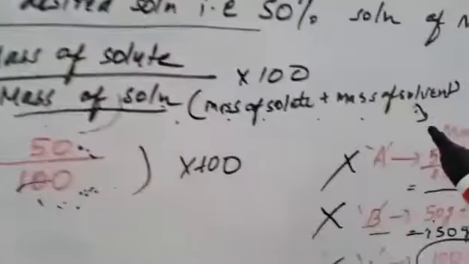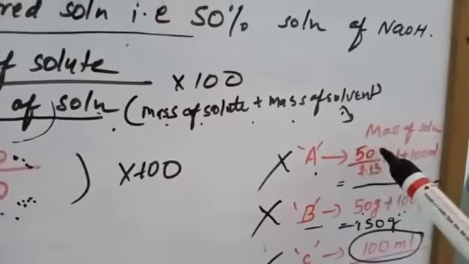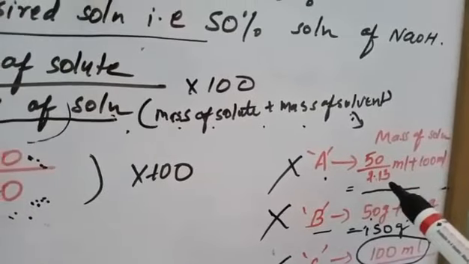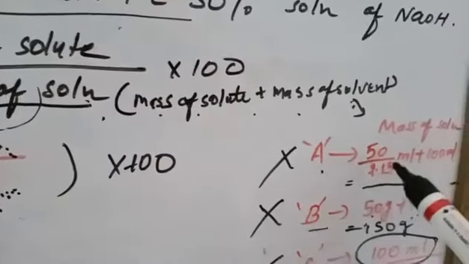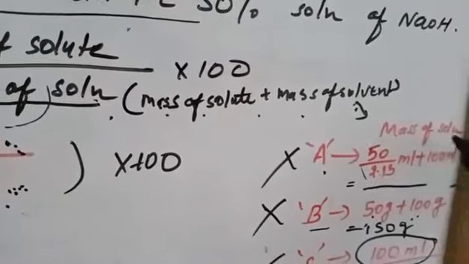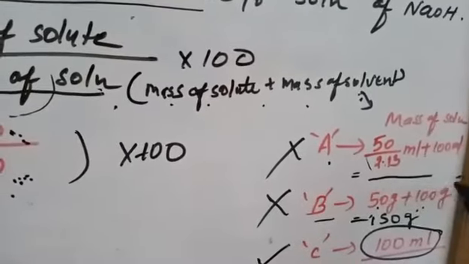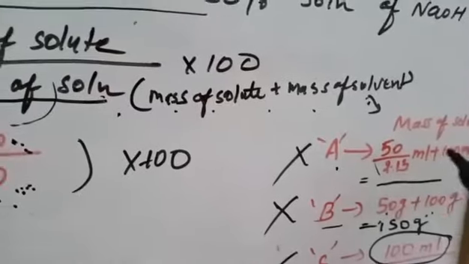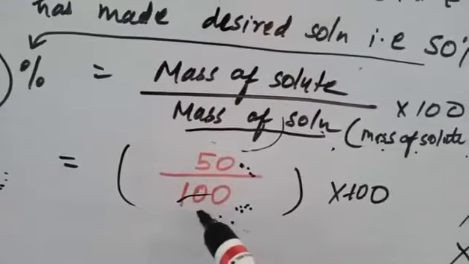We will see how. So you know that student A has taken 50 gram of NaOH in 100 ml of water. So it is the mass of solute and it is the mass of the solvent. So we will add, we will get the mass of solution. So mass of solution will be more than 100 ml and we wanted mass of solution 100.